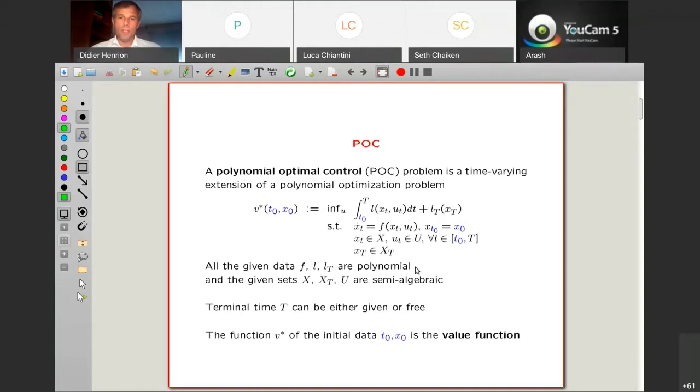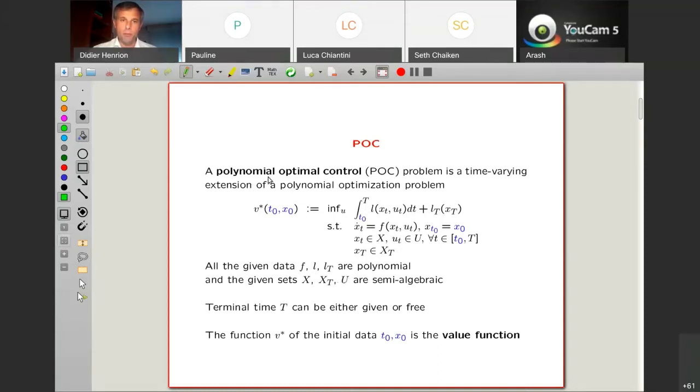The initial data is in blue here, it's t0, x0, and the best possible value of the cost that can be achieved is denoted by V star, and it is a function of the initial data. This function V star is called the value function.